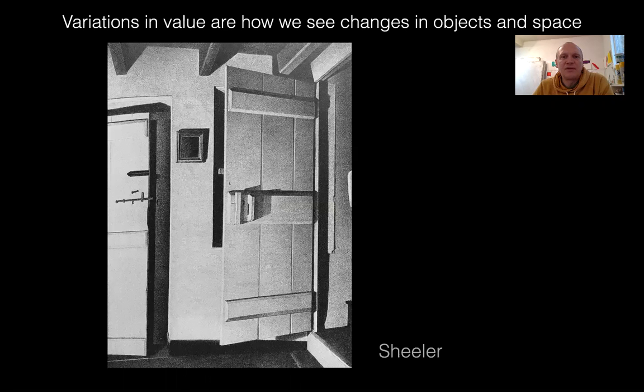Variations in value are how we see changes in objects in space. So it's how we're seeing volume in a picture like this. If you just look at the variety of different grays being used here, it's allowing us to see these changes in space, changes in depth and dimension. And it's allowing us to actually see where the light source is in this drawing.